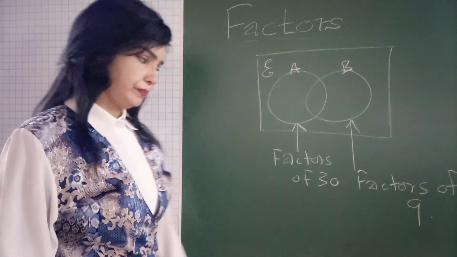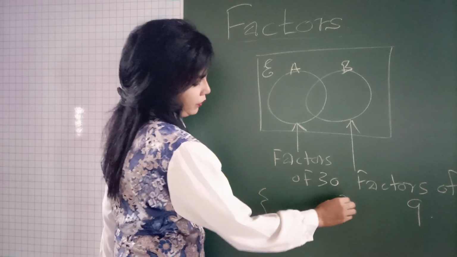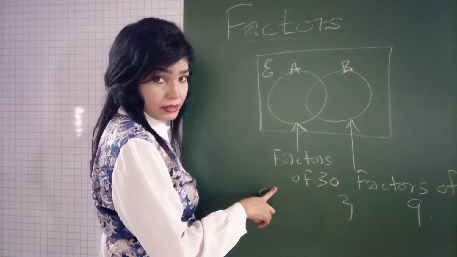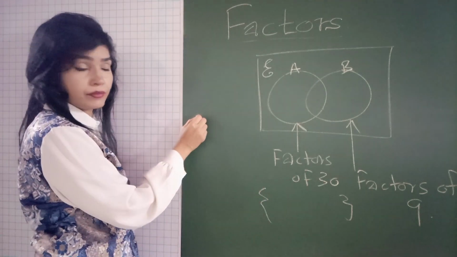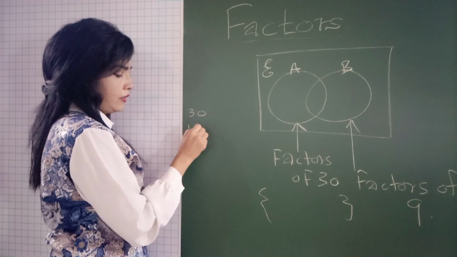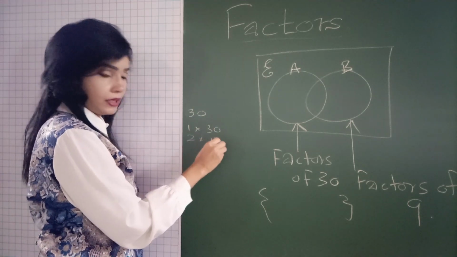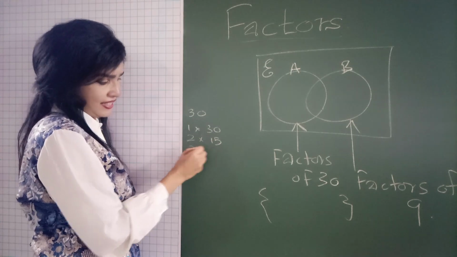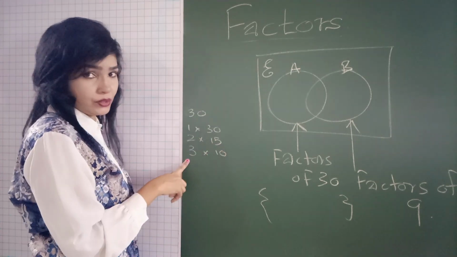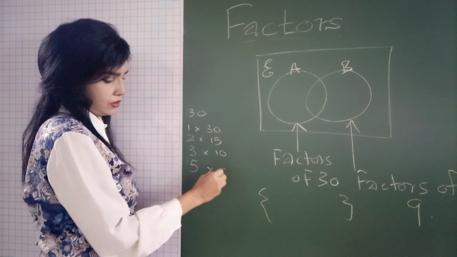Okay, if I take the number 30: 1 into 30, yes. 2 into 15, 3 into 10, 4 into, no, 5 into 6.